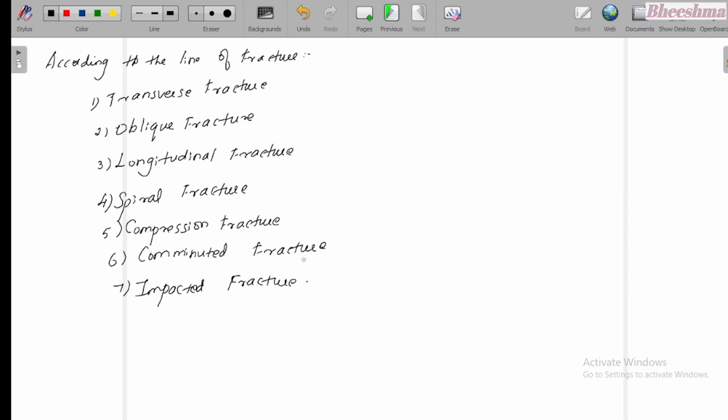These are the main common types of fracture.